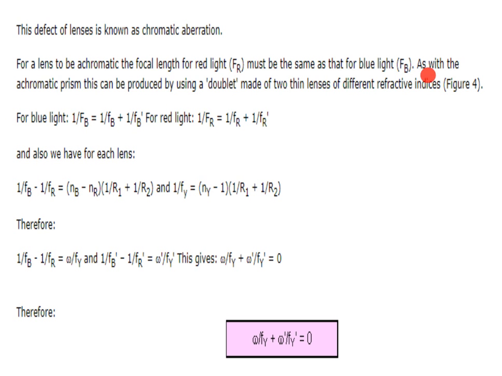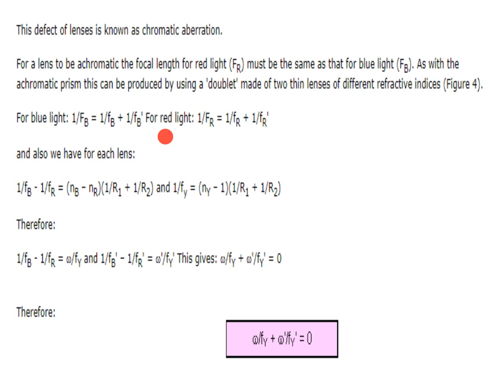As with the achromatic prism, this can be produced by using a doublet made of two thin lenses of different refractive indices. If we consider blue light, then 1 upon FB is equal to 1 upon FB plus 1 upon F dash B. What is FB? F is the focal length and B is for blue light.